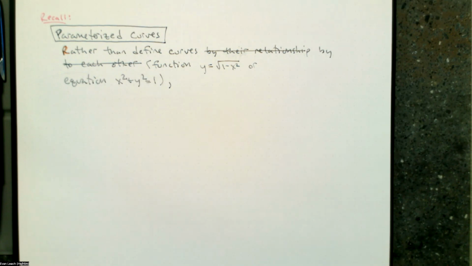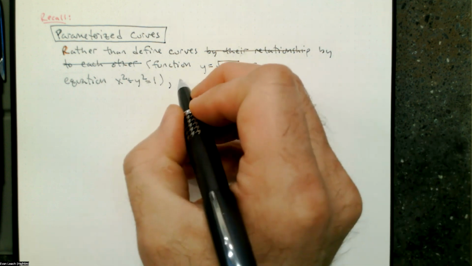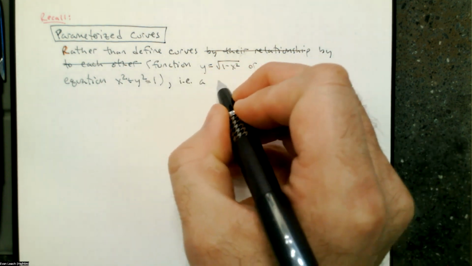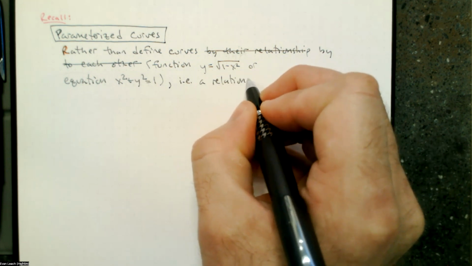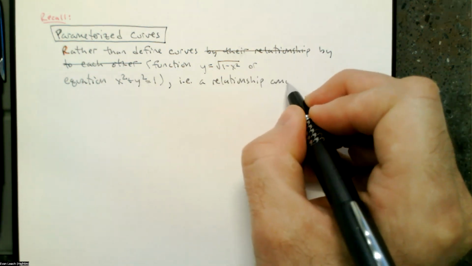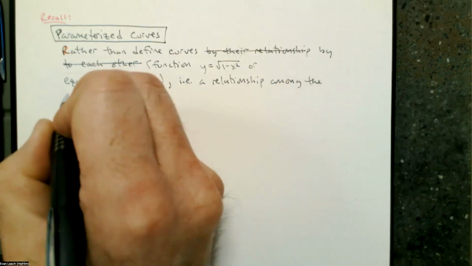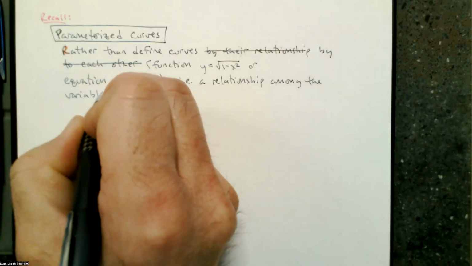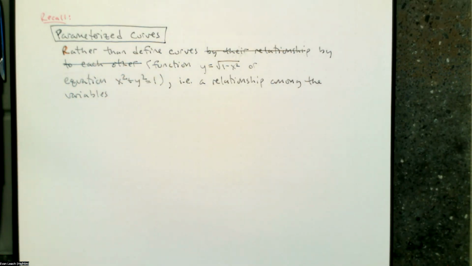Rather than define curves by a function or equation, that is a relationship among the variables, we define each variable in terms of some other parameter.